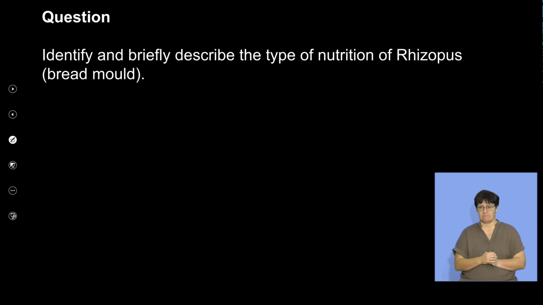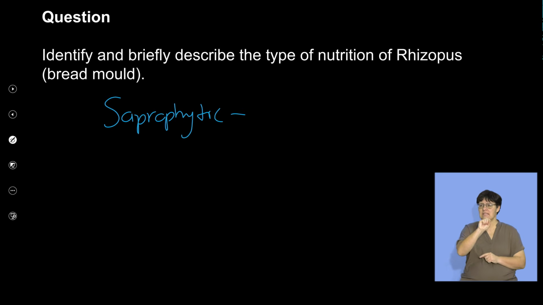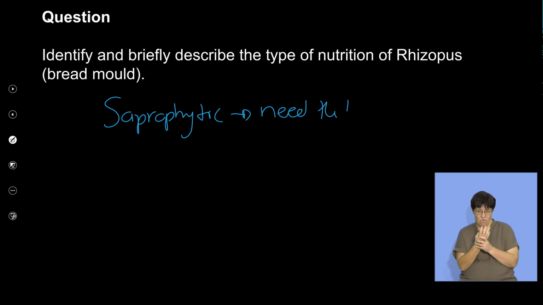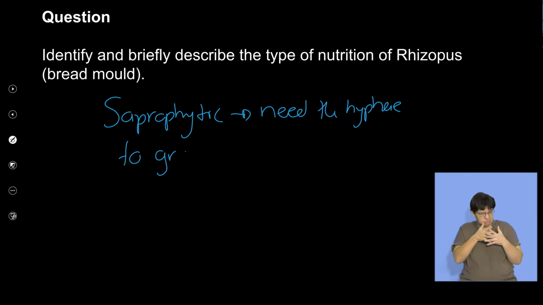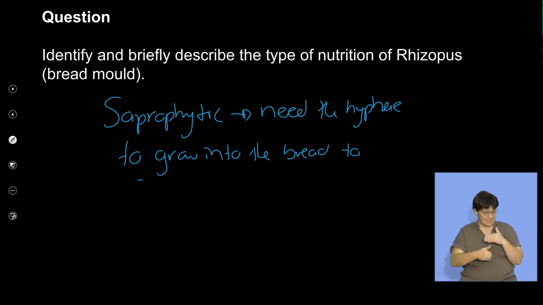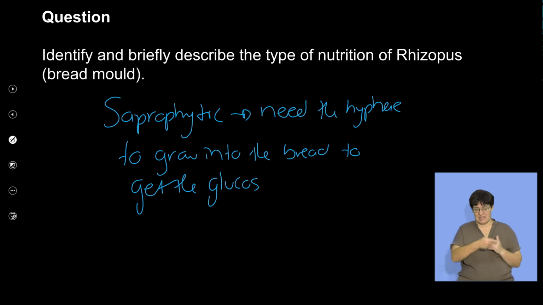All right, identify and briefly describe the type of nutrition of Rhizopus. Guys, it's saprophytic. What does that mean? It needs the hyphae to penetrate, or to grow into the bread to get the glucose in the bread.